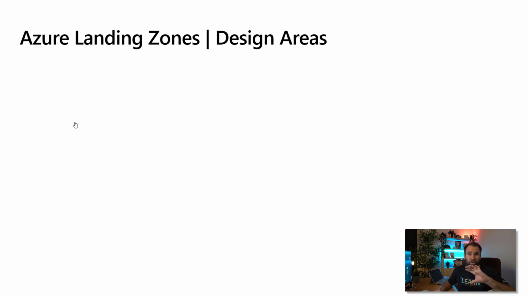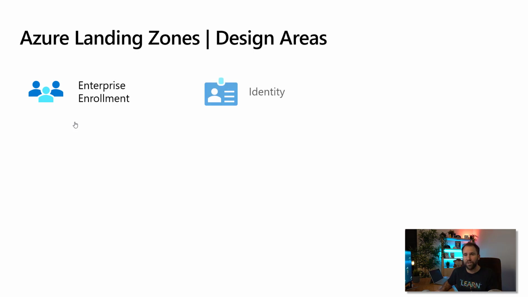So, in a technical way, before I hand over to Dominik, what are the design areas of Azure landing zones? They start with the enterprise enrollment, right? We think about how we set up our Azure environment, and what the identities are here as well.